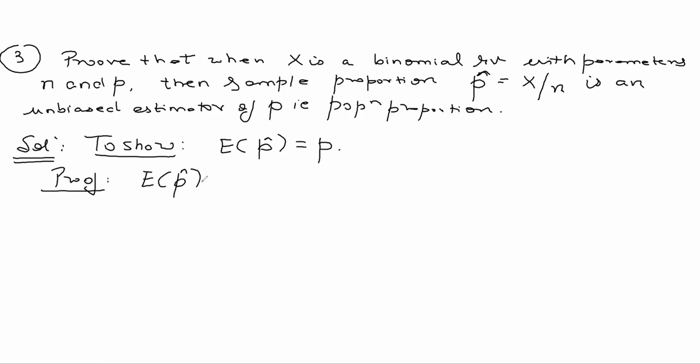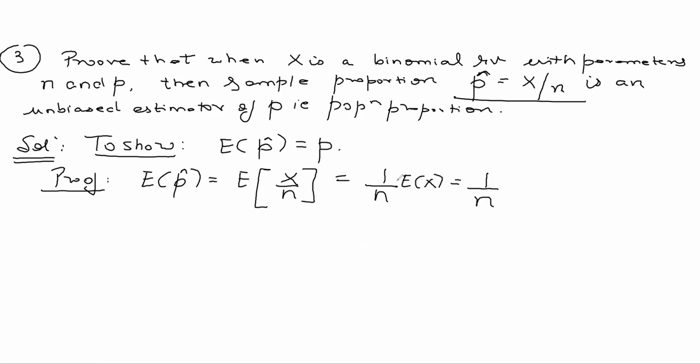Expected value of P hat will be expected value of, what is P hat? X by N, sample proportion. P hat is the sample proportion, which is X by N, where N is the sample size. Now guys, N is a constant, comes out of the expectation. All of us know that the mean of the binomial random variable is NP.